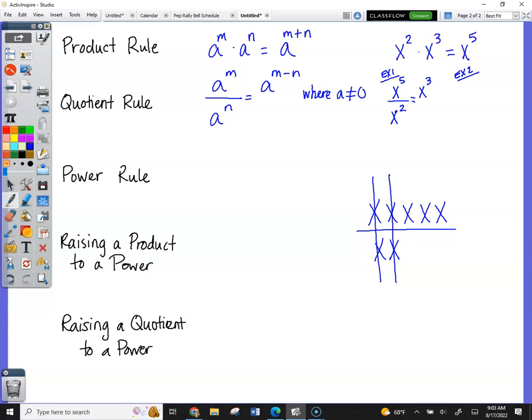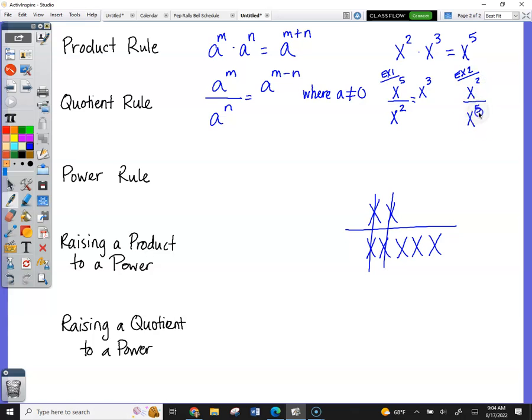What if x to the 5th was on bottom? Be 1 over. So it would still, same concept, still cancels. That's what example 2's purpose is to show you that sometimes it may be where a higher power is in the bottom of the fraction.